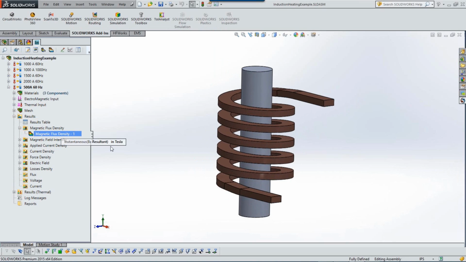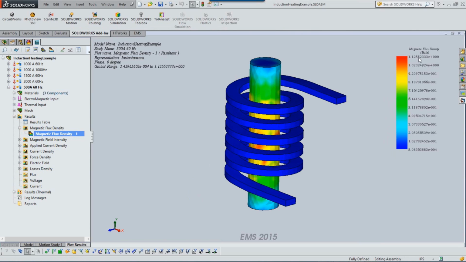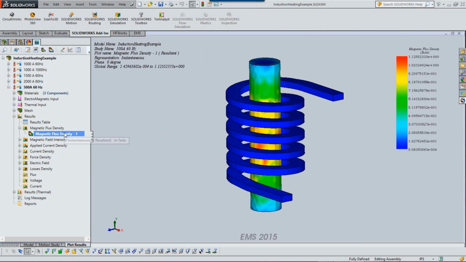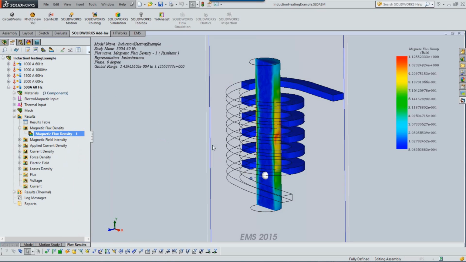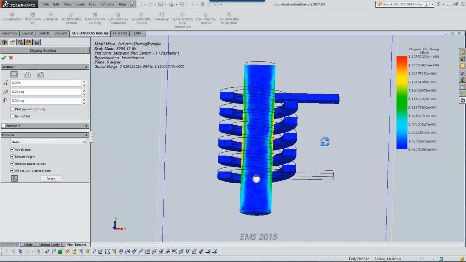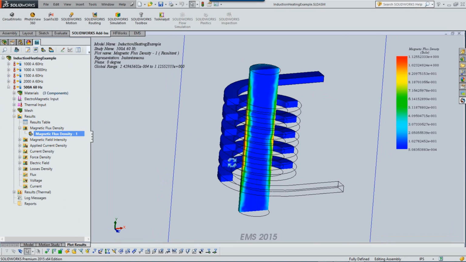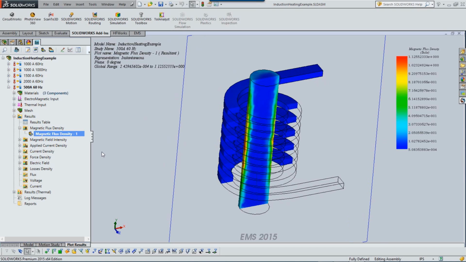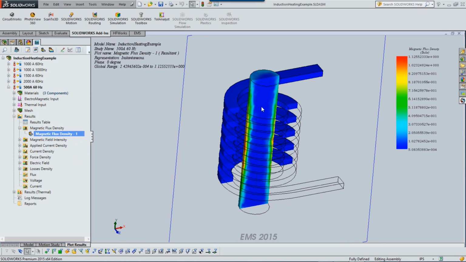Okay, so first one can take a look at the magnetic flux density in my model in Teslas. Now I have several options as far as post-processing is concerned. I can take a look inside my model at the values of magnetic flux density and the distribution through what is called a section plot. Here I can not only look at the values at the surface but also inside my model, and I can go ahead and do what is called probing.